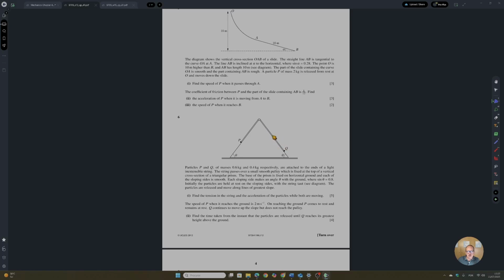So Q is going to be slowed down by the weight, more exactly the horizontal component of the weight, until it stops at some point. So the total time that you need to calculate is the time for it to stop once P hits the ground, when the tension is gone, and the time taken for this one to hit the ground, right? Add these two, and that is the total time that the question is talking about.